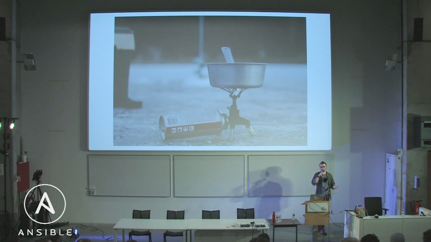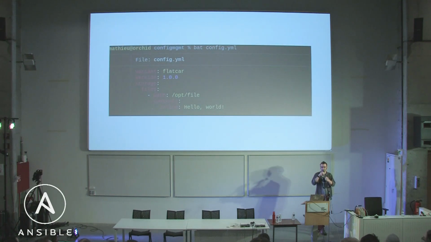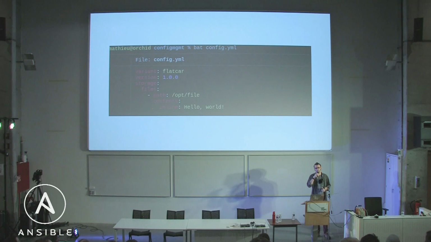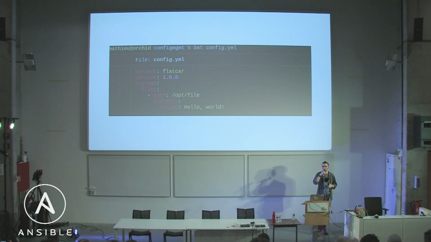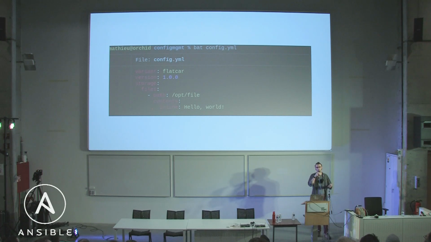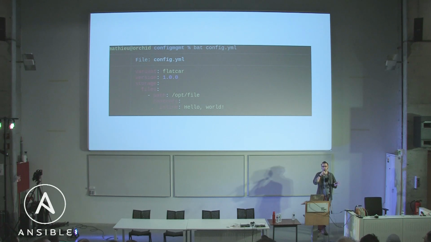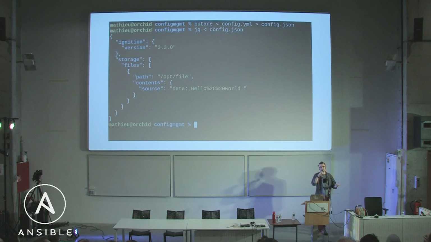So you can use Butane, and this is an example of a Butane configuration to generate an Ignition configuration for Flatcar. You can see that I just want to define a file in /opt/file with the hello world content. Once I have this configuration file, I can easily transpile it to an actual Ignition configuration.